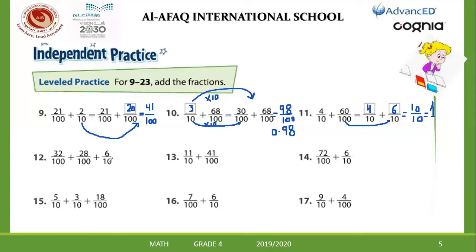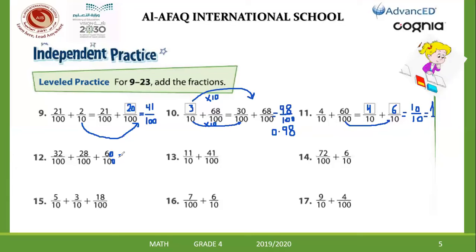So do we multiply just the denominator, or must we multiply numerator and denominator? Great. We must multiply numerator and denominator. So when I multiply both 6 and 10 by 10, 6 will be 60, and 10 will be 100.